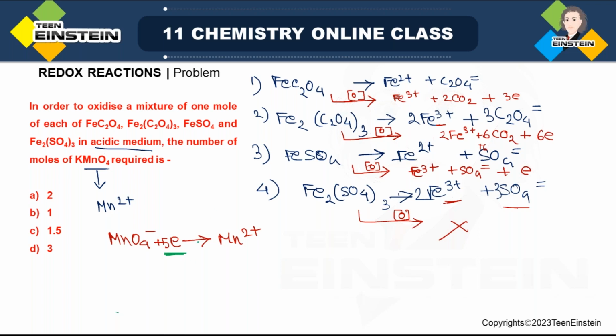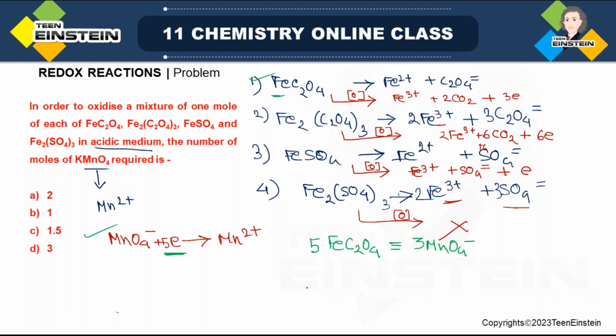That means when you balance this pair of equations, one is this half, this is another half. You will multiply the manganese equation with 3 and you will multiply this equation with 5. So it means 5 FeC2O4 is basically equivalent to 3 MnO4 minus.